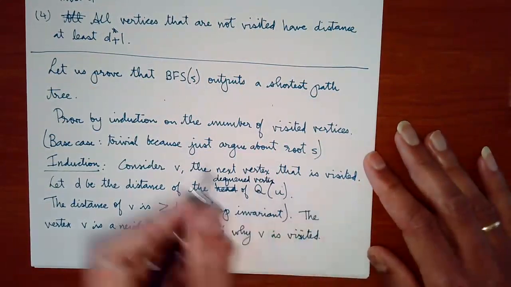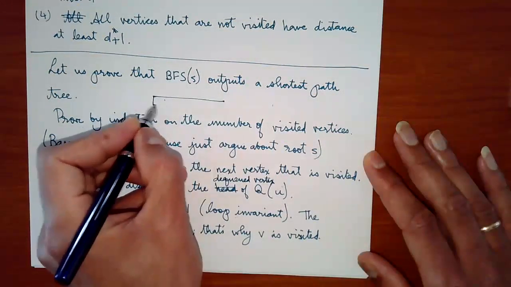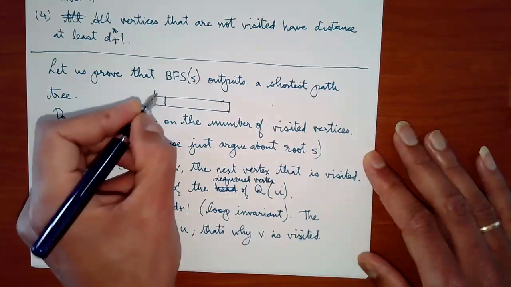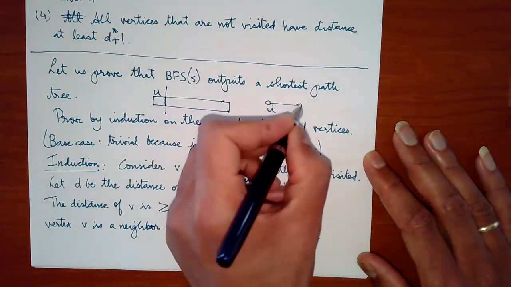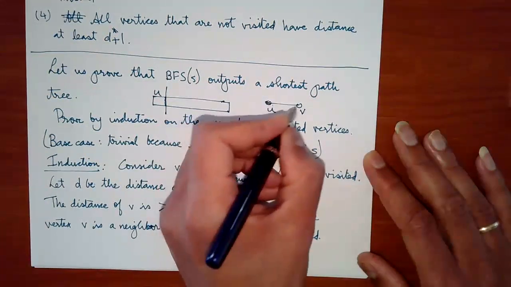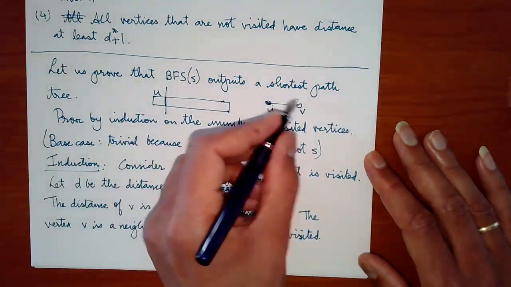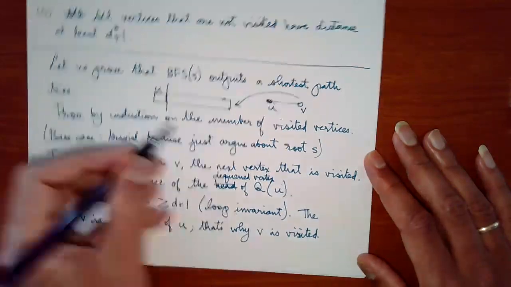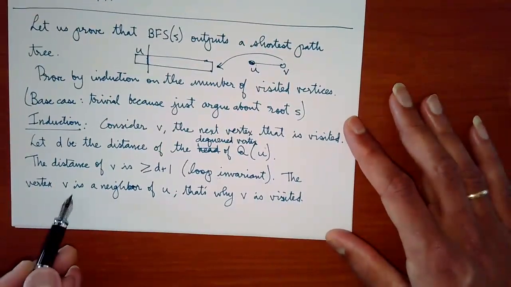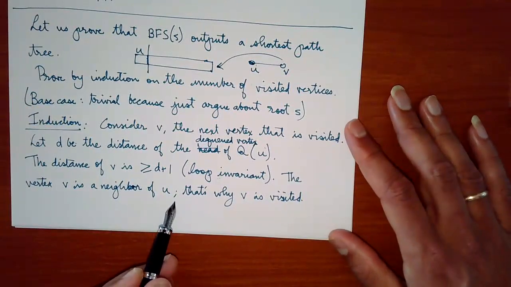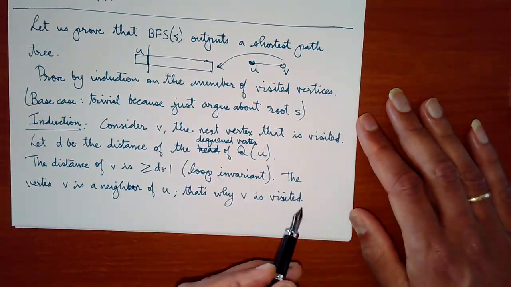What this means is you have the queue over here. U is at the head of the queue, so you dequeue it, and then U had an edge to V. U was already visited, V was not visited, and that's how V is now going to enter the queue. Right? So U is the vertex that was just dequeued. And so we know that the vertex V is a neighbor of U. That's why V is visited.